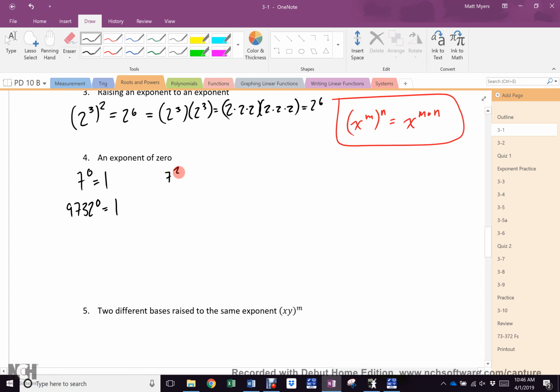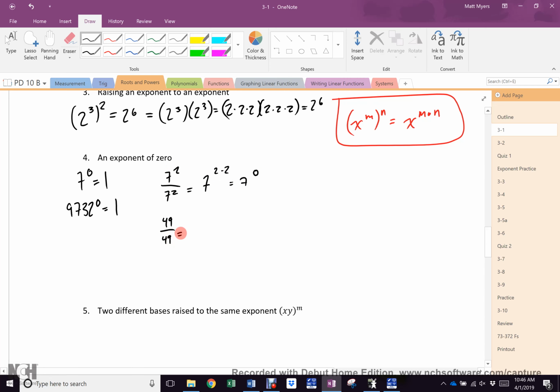7 squared divided by 7 squared. What would you do with those exponents? Just like law 2, right? 7 to the 2 minus 2, which is 7 to the 0, yes? Everyone agrees? Okay. Now, what is this value? 49 over 49. 1.